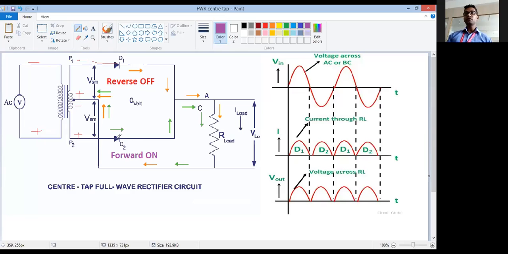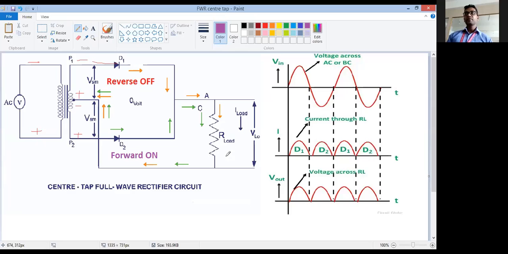So current will go to D2 first. Then through this wire, it will go to RL. It will not go upward because this path is disconnected. Correct? So this is going through RL, that is the load. See the green line path. Then again, it will follow this path and then go to the negative terminal. So similarly, positive to negative, the path is completed. So current will follow D2.